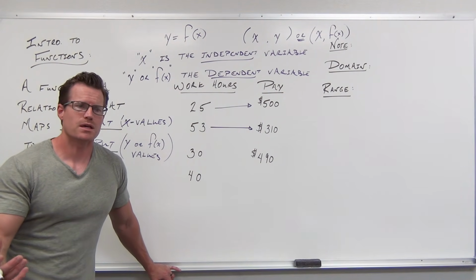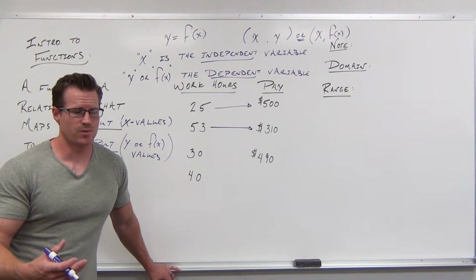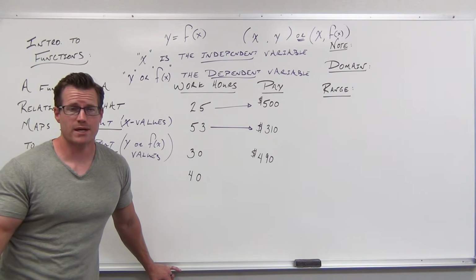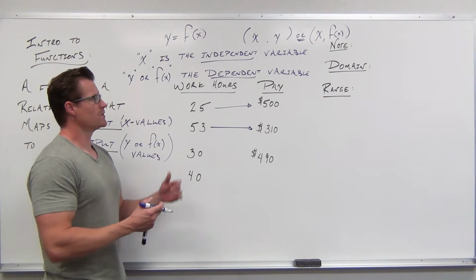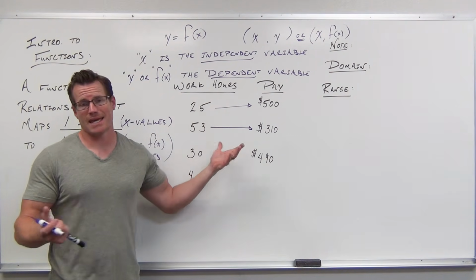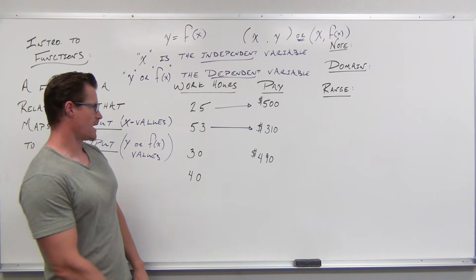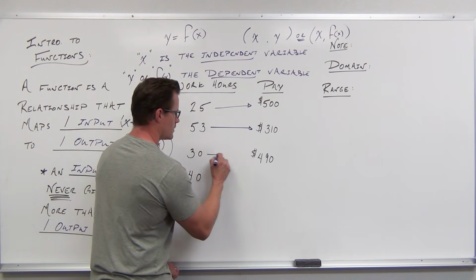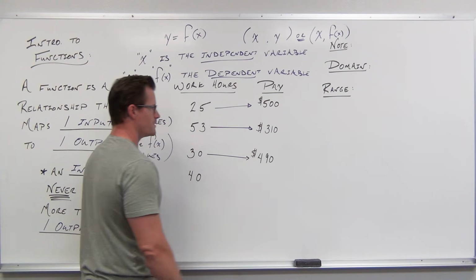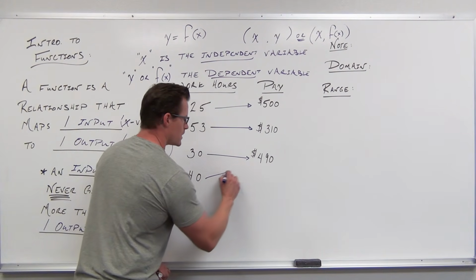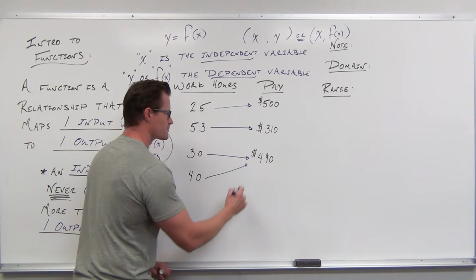Well, no. Even in the same job, sometimes someone might have more seniority and make more money based on whatever the pay structure is. So don't be confused that this doesn't make sense, because it can make sense like that. Someone else works 30 hours and makes $490, and another person works 40 hours and makes $490.